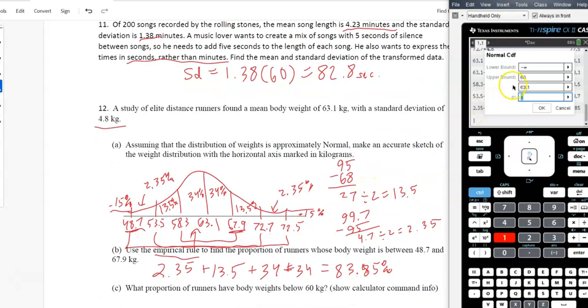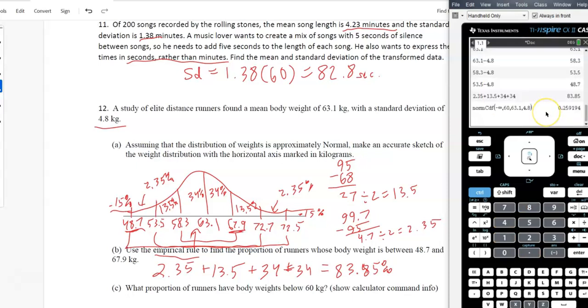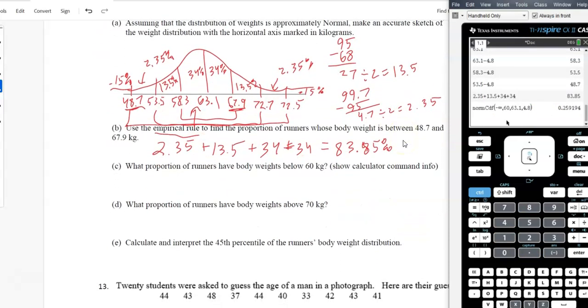Oh, I'm sorry, that's 63.1, with standard deviation of 4.8. Sorry, I forgot which question we're asking. And say okay. And so 0.259. I'm okay if you write it as a decimal or 25.9%. It's good to write it as a sentence. 25.9% of the runners have body weights below 60 kilograms.